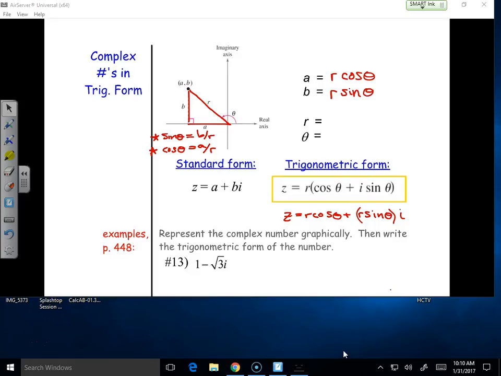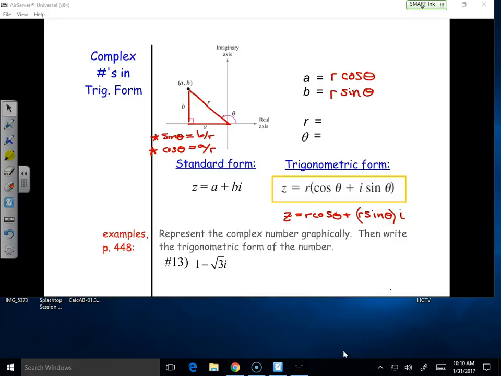And in vectors, didn't we have the horizontal component equal to the magnitude times cosine, and the vertical component equal to the magnitude times sine? That's why these formulas should be familiar. We used them in component form, now we're using them in complex numbers.